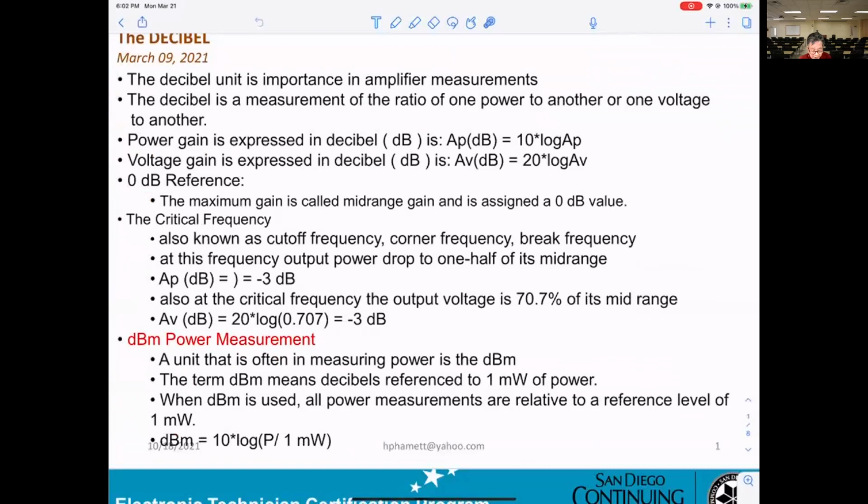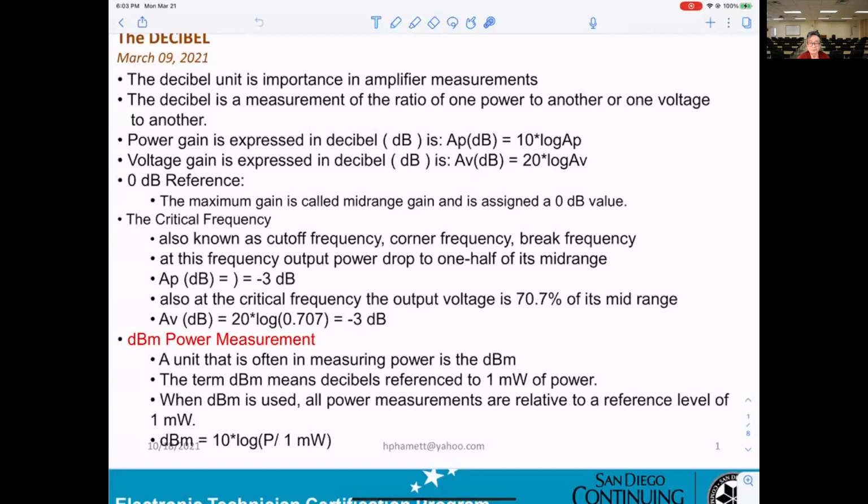dBm, power measurement. A unit that is often used in measuring power is dBm. If you're working on radio frequency in the RF lab, when you measure the power the unit will be dBm.